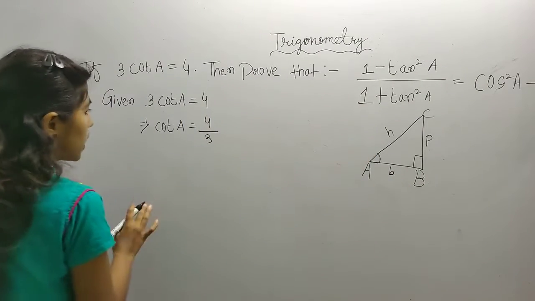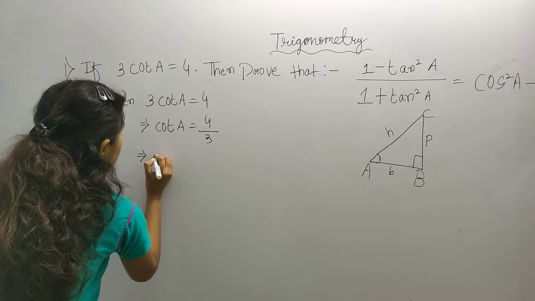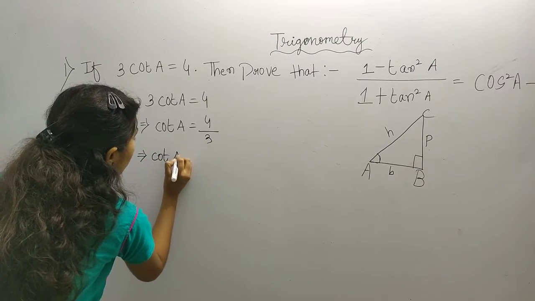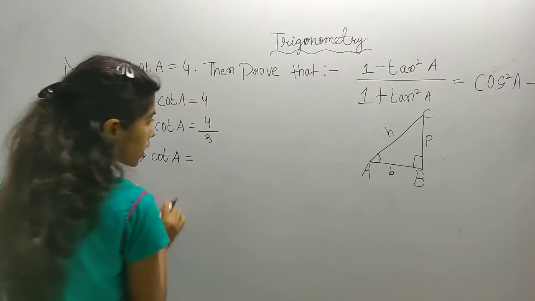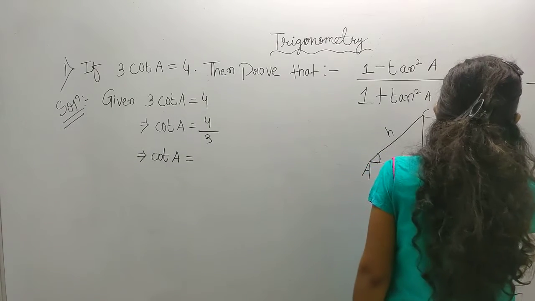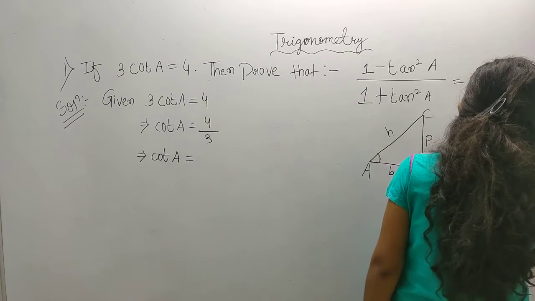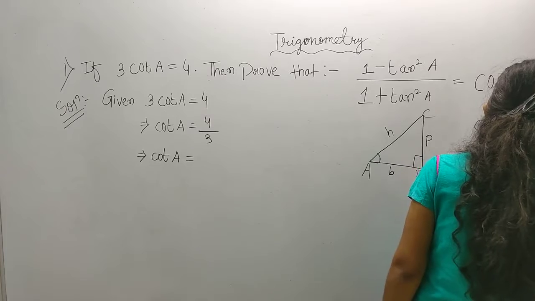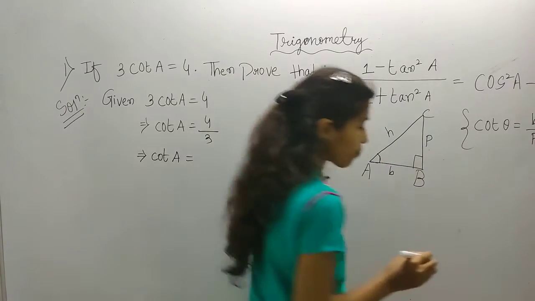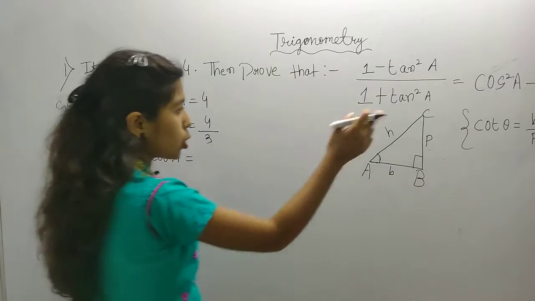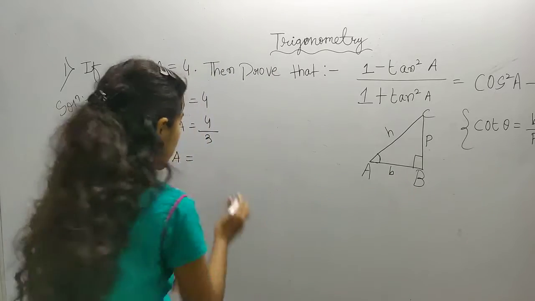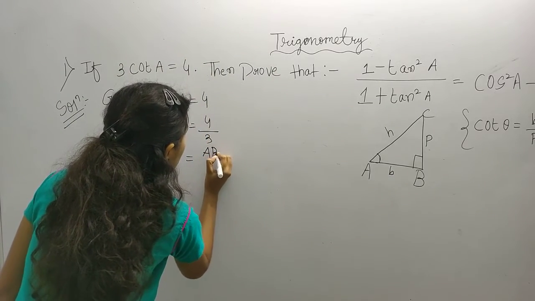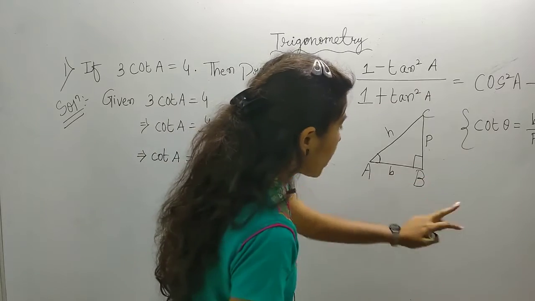So let's write here. It implies cot A equals to, what is the formula? Cot theta equals to B by P. Then equals to, what is the base here? AB by perpendicular.